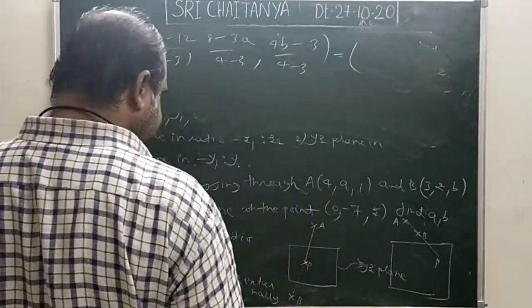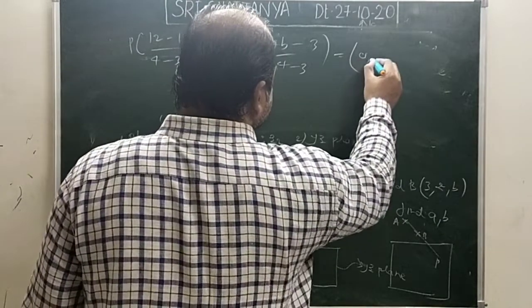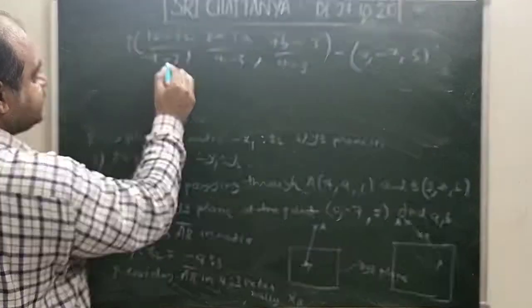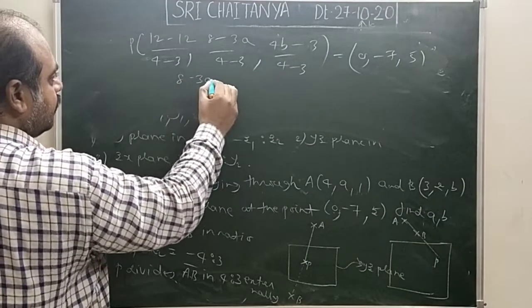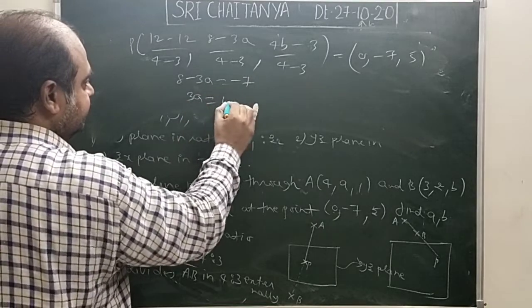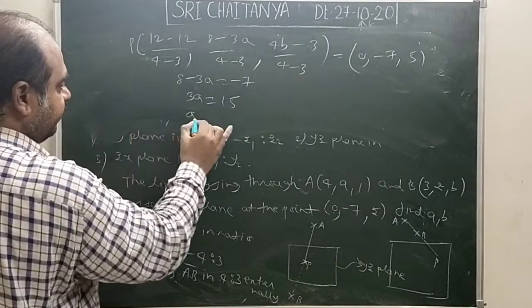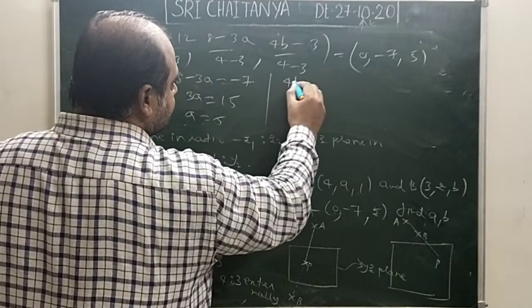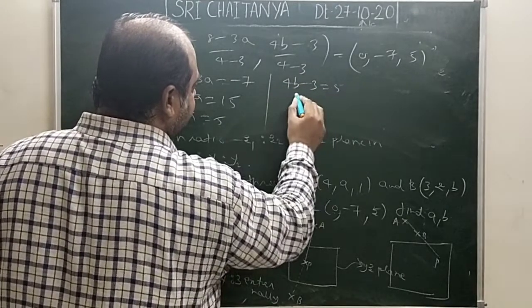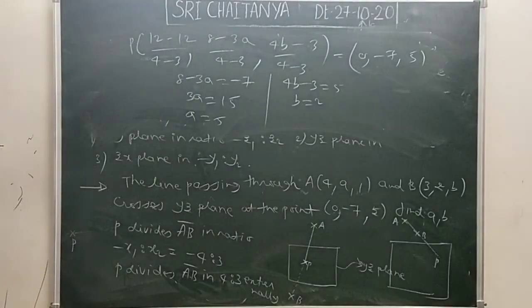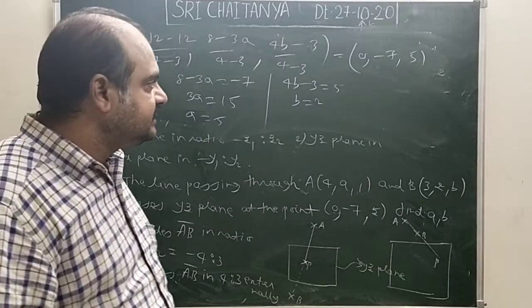This is given as (0, -7, 5). Therefore, 8 minus 3a is minus 7, so 3a is 15 and a is 5. And b is nothing but 2. Therefore, a value is 5 and b value is 2.